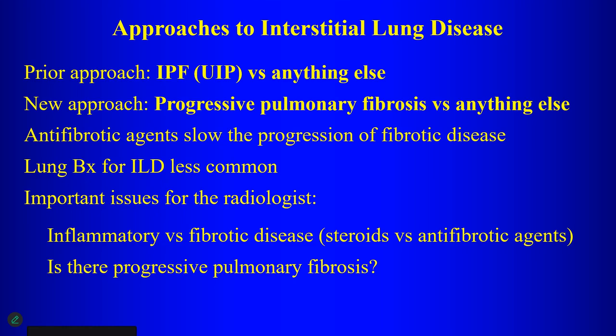Is it progressive pulmonary fibrosis versus anything else? Because patients with fibrotic disease, if we decide, this is where our interpretation becomes important. If we decide that it's a fibrotic disease, especially if we think the fibrosis is getting worse, those patients are candidates for antifibrotic therapy, regardless of what the underlying disease is, regardless if the underlying disease is IPF or if the underlying disease is some connective tissue disease.